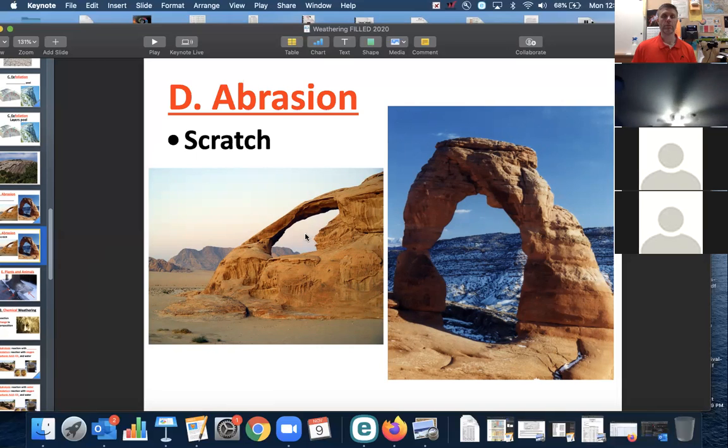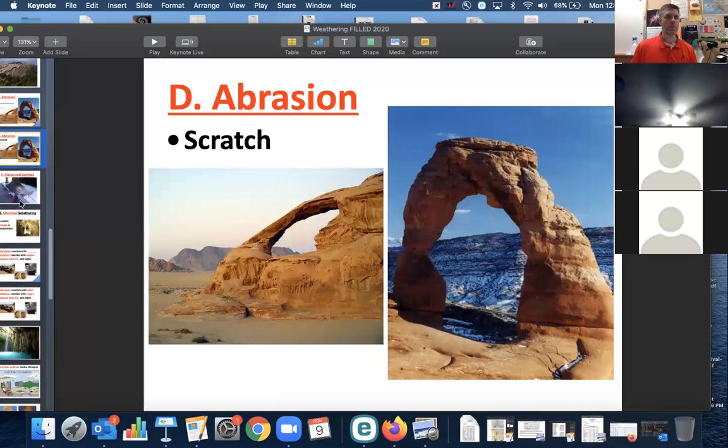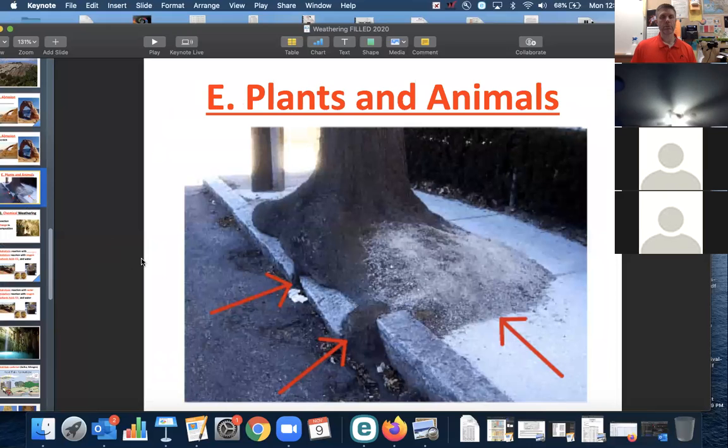Depending on what the rock is, what it's held together with. Some are harder than others, so that's why some places weather more quickly than others. But that's abrasion.